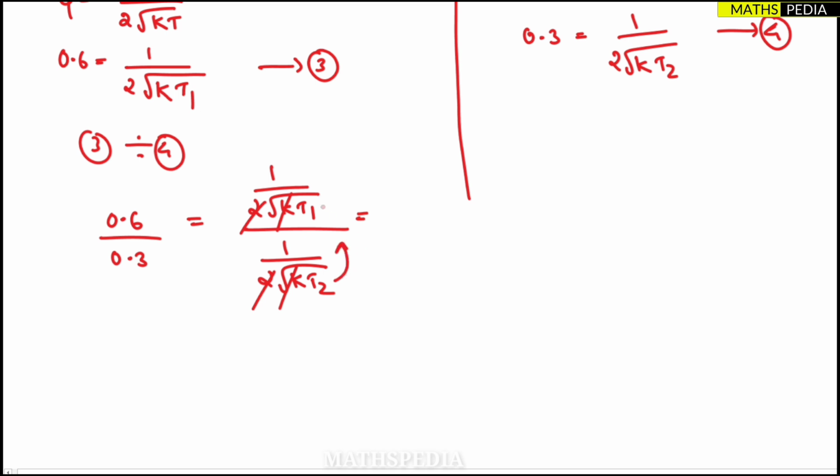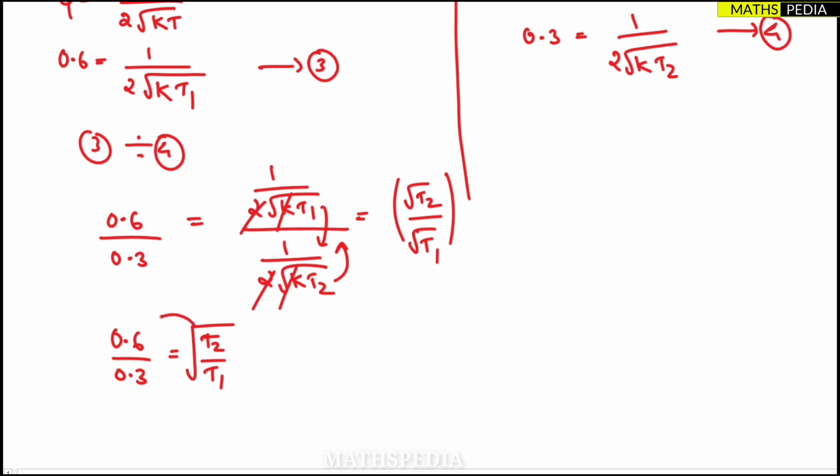This will go up, this will come down, because it is 1 by. So it will become root t2 by root t1. The final thing: 0.6 by 0.3 is equal to the square root of t2 by t1, and if I take the square root to that side, it becomes a square. It will be 0.6 squared by 0.3 squared is equal to t2 by t1.